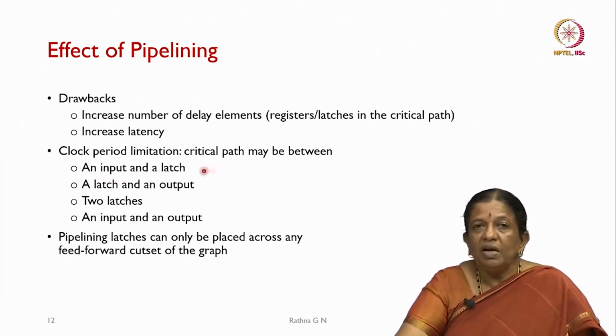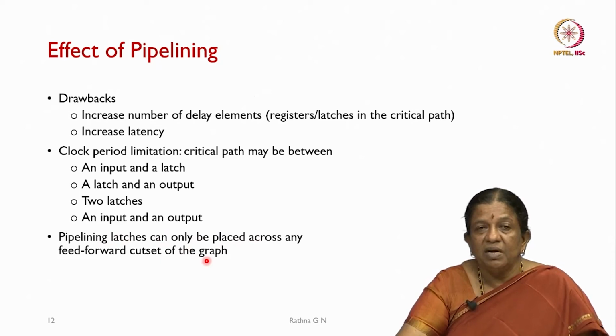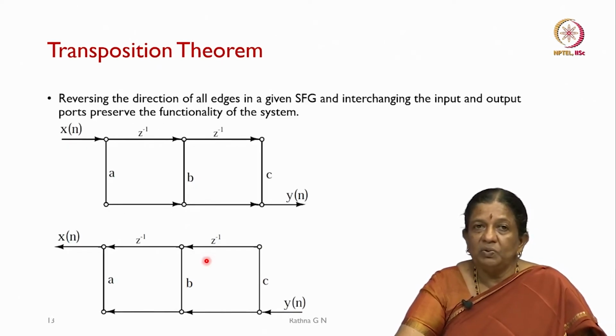That will be the maximum critical path that I have to consider. So, we say pipelining latches can only be placed across any feed forward cut set of the graph. This we will be specifying every time, and then we have to go through the thing.